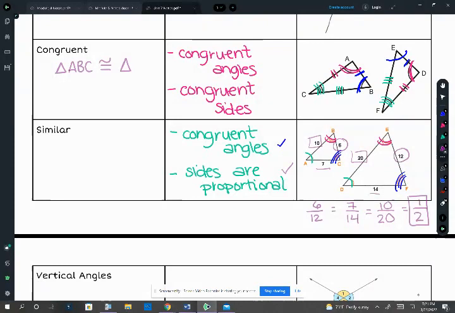And so I'm going to do the same thing on the other triangle. So it's going to go 2 markings, 1 marking, 3 markings, or in our case, we went pink, blue, green. So it's going to be triangle D, E, F. So that's if we're doing congruency.